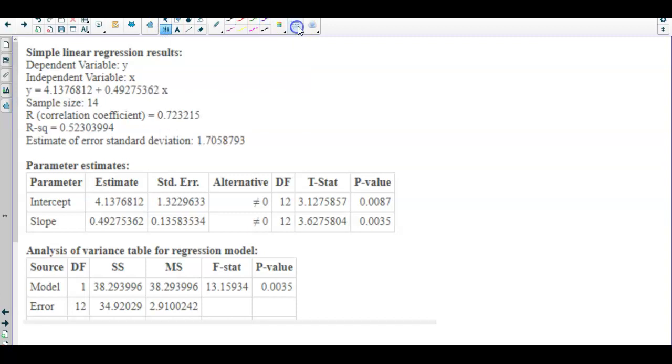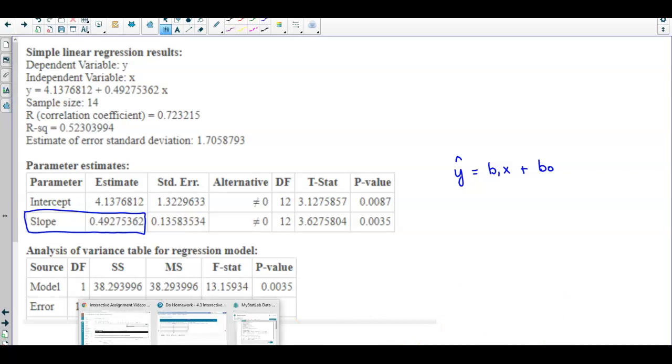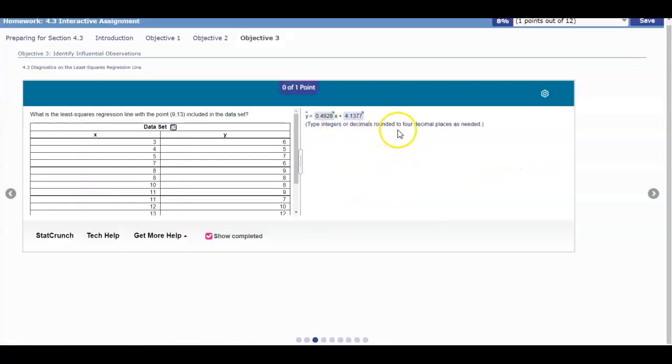We know that the equation is going to be y equal to the slope times x plus the y-intercept. If we take a look at the slope here, I believe the question says to round to 4 decimal places as needed.